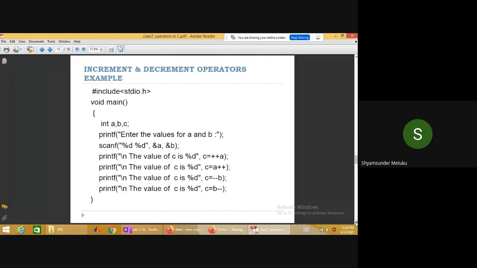First the value is assigned. What is the value of a? 6. 6 will be assigned to c, and c will be printed there, which is 6 only. Then a is increased to 7. So first 6 will be assigned to c, then a will be incremented to 7. Is it clear in the second printf?